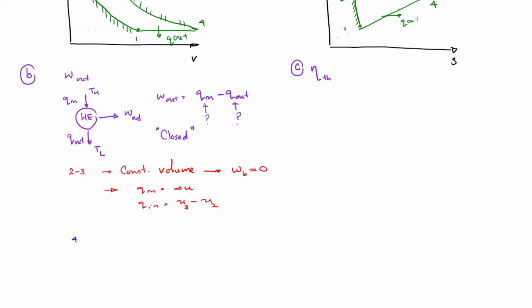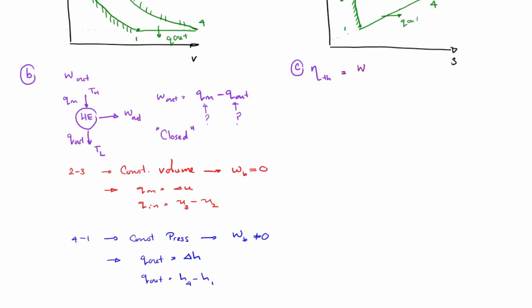Similarly, for process 4 to 1, it's a constant pressure process, so W_b is not equal to 0, and we can write the energy balance to find out that Q out is equal to delta H. So we can write Q out is equal to H4 minus H1, and to find W out, what we have to do is find U3, U2, H4 and H1.